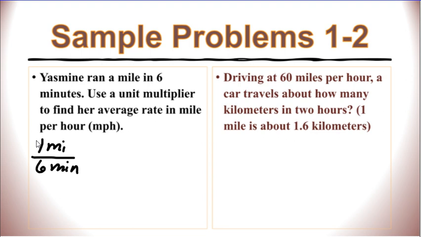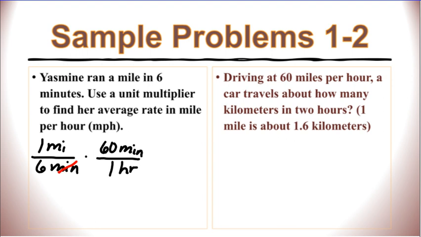So it's using a unit multiplier to find her average rate in miles per hour. So I don't want minutes here, I want hours. So that means I've got to get rid of the minutes. I know that there are 60 minutes in 1 hour. And so now from this point, I can solve, because I have my unit multiplier, 60 minutes in 1 hour.